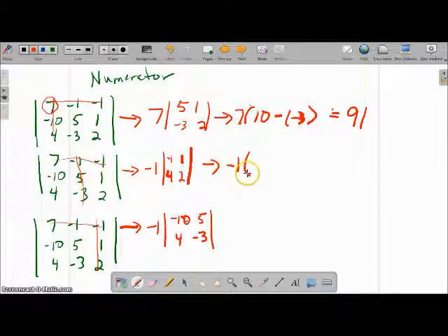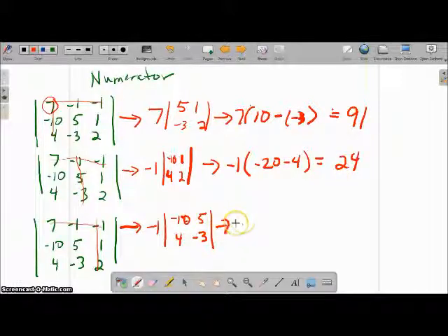And here, same thing, -1. Sorry, this is supposed to be a 10. I didn't get my 0 written there. -10, 1, 4, 2. So this is going to be -20 minus 4. So when you multiply that out, you're going to get 24. And this one is going to be a -1 times a +30 minus 20. So when you multiply this out, you're going to get a -10.